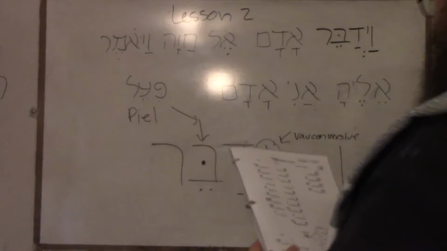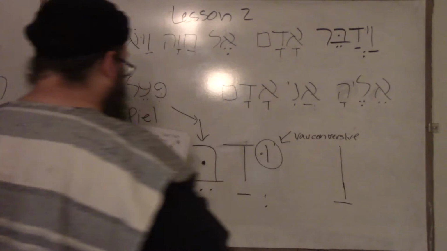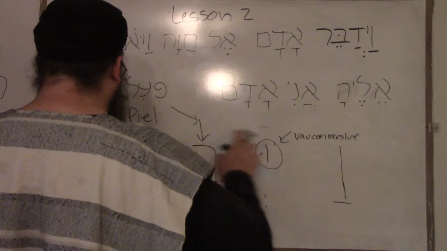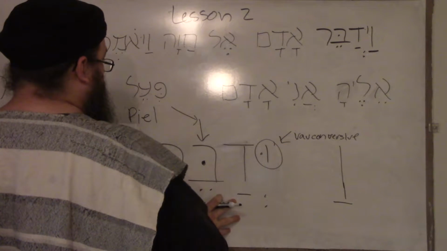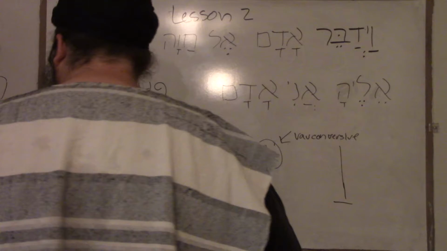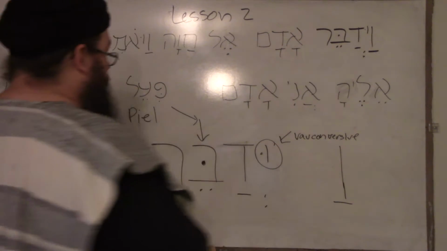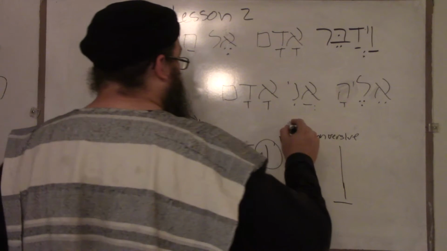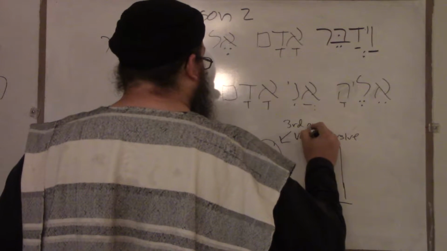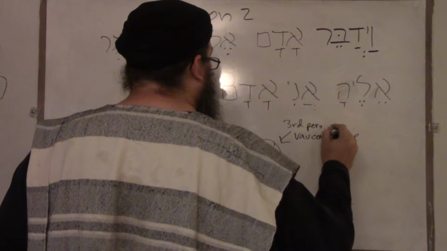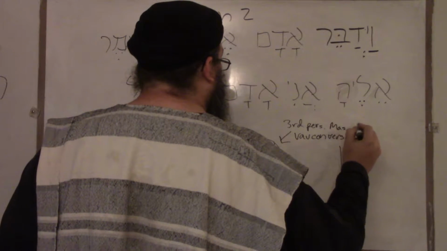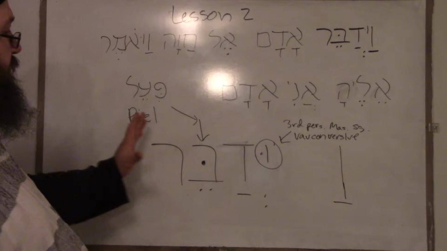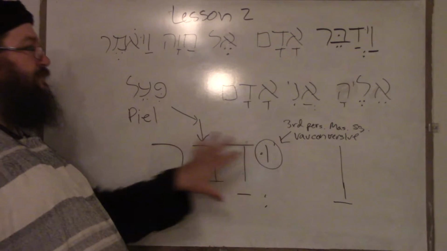If I take this chart and see all of the vowelizations are correct, I know that this Yidaber is third person, masculine, and singular. I know because the chart shows me this.